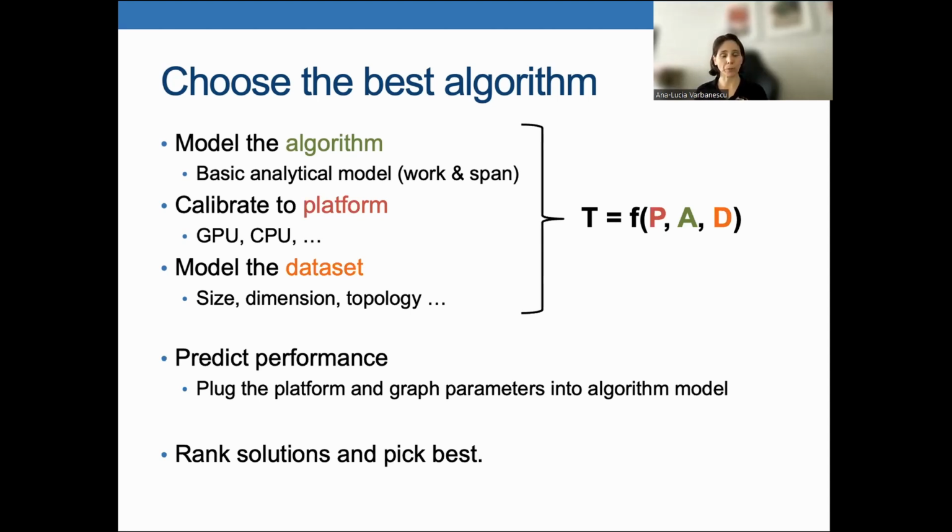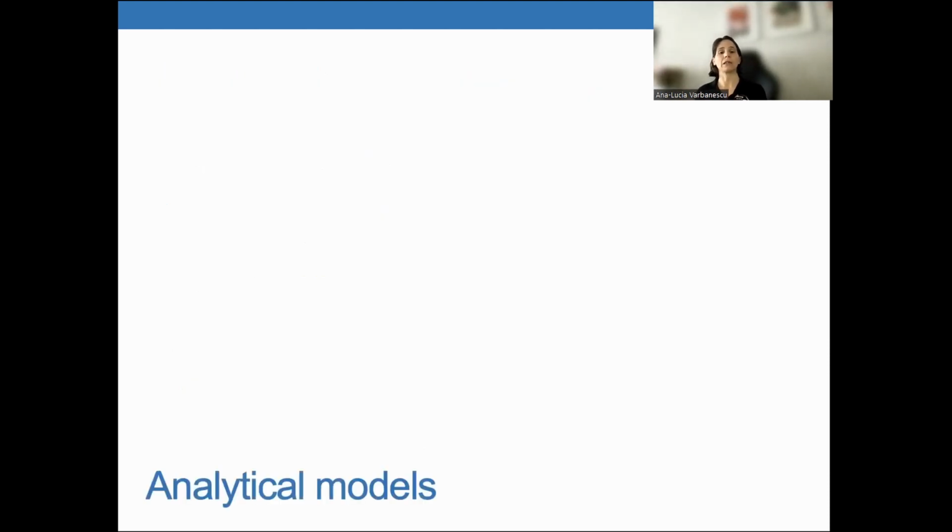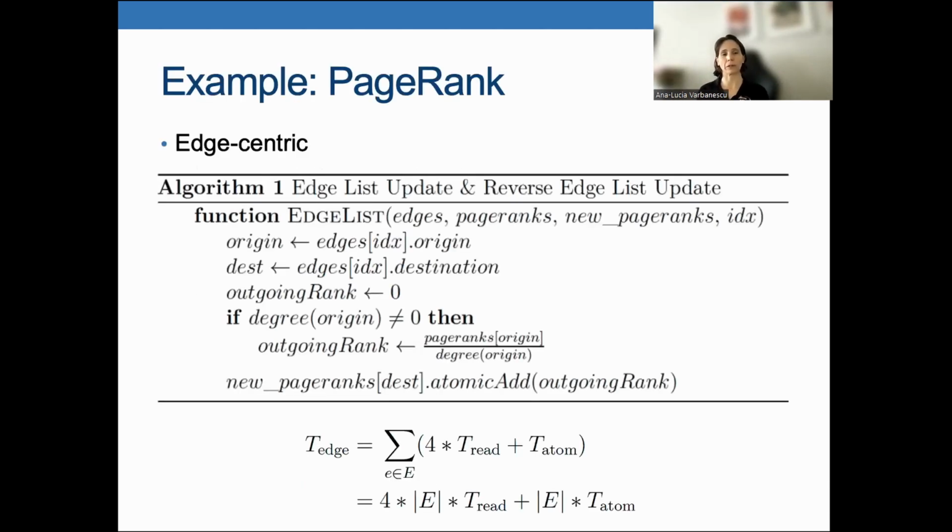So we proceeded to actually develop such analytical models. So what did we do? We looked at the implementation of the different algorithms that we talked about before. So different types of edge-centric versions for both PageRank and BFS, different types of algorithms that are vertex-centric.